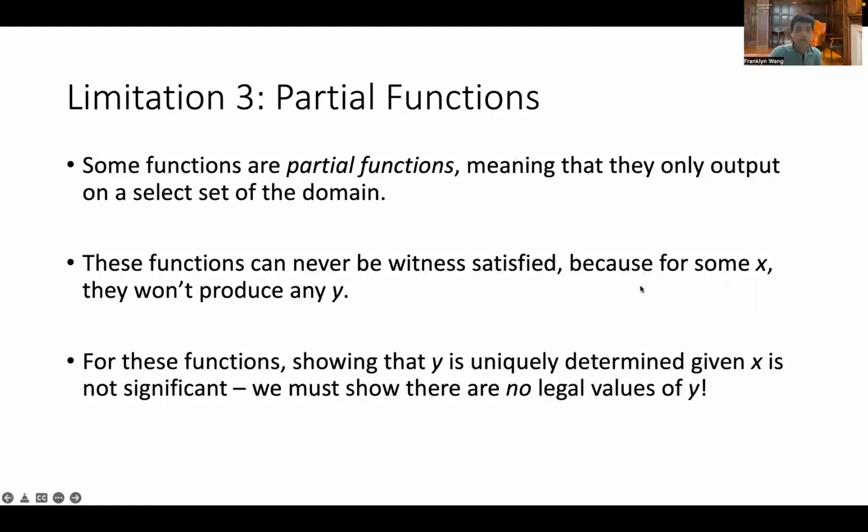These functions can never be witness satisfied because for some x, they just won't produce any y. Weak verification showed us that y is uniquely determined given x, but that's not significant in this case at all. We have to show that there are no legal values of y, right? Showing that y is unique is just not good enough.